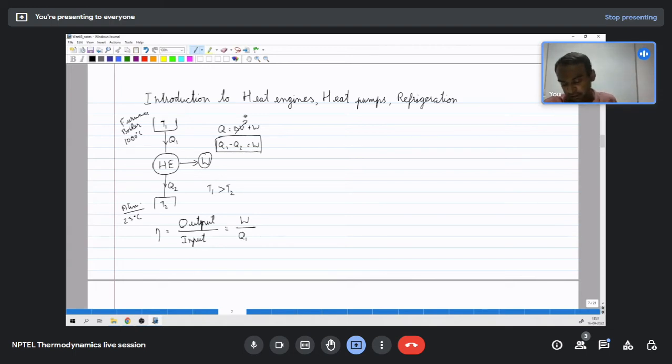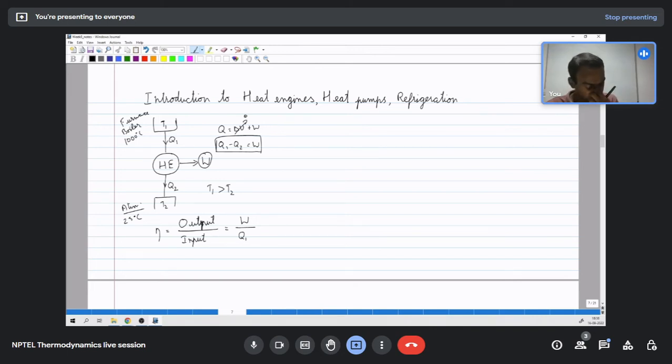So generally the reservoir at low temperature T2 is an atmosphere, and we spend some energy in the furnace or boiler to get the high temperature and flow the heat to the heat engine. So the input given to the heat engine is Q1.